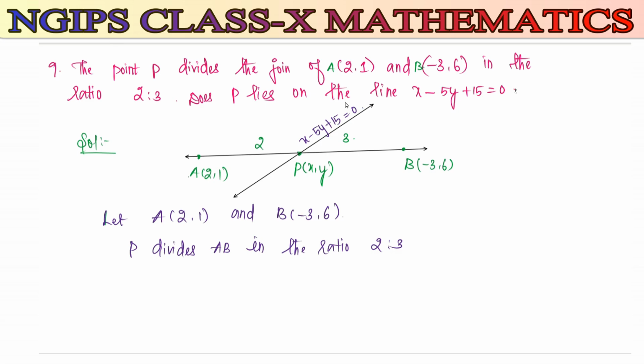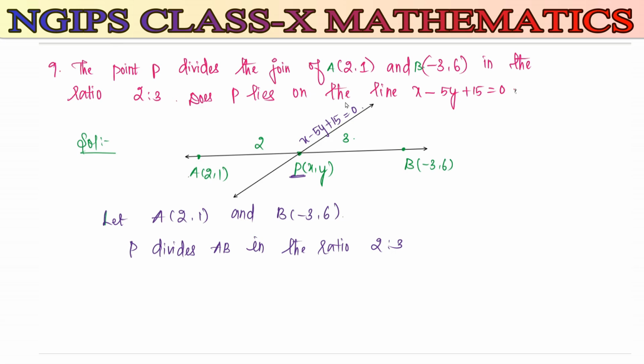Now does this P lie on the line x minus 5y plus 15 is equal to 0? We need to find the value of P and substitute the x value and y value in the given expression. If LHS is equal to RHS, then we can say this P lies on the line x minus 5y plus 15 is equal to 0.